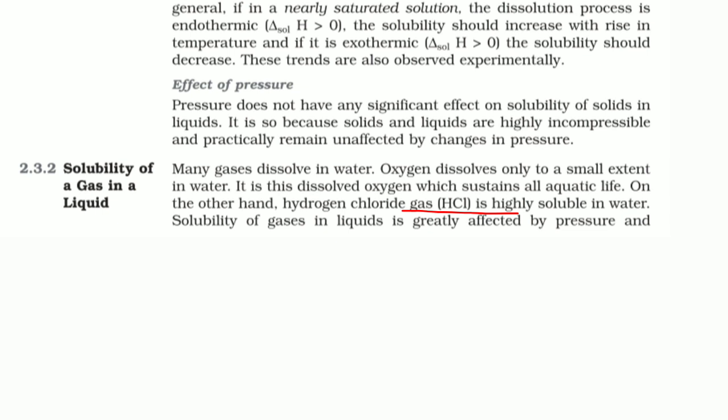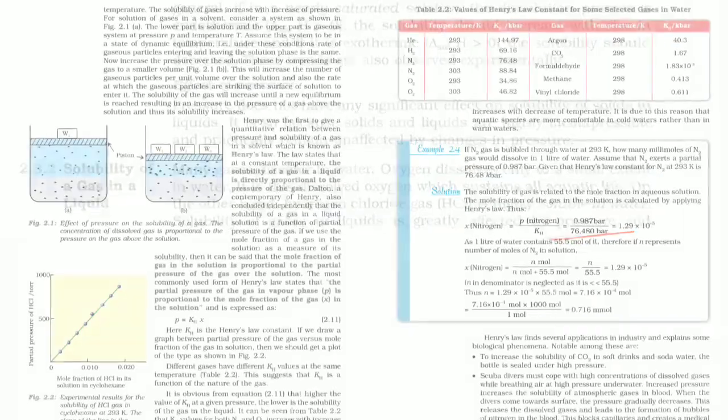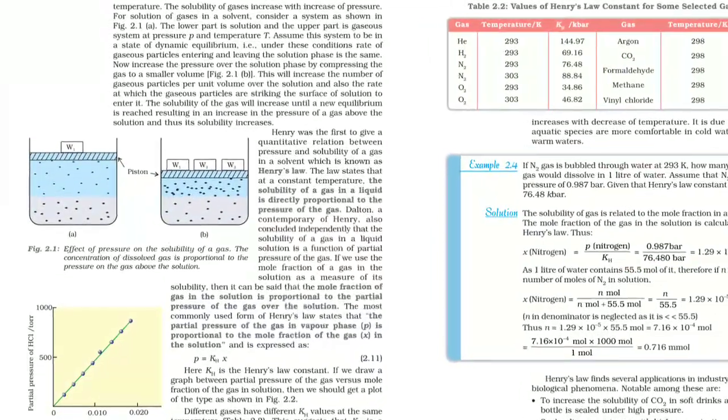Pressure does not affect it to a large extent, because of the incompressibility of solids and liquids in the case of the solubility of a solid in a liquid. But in the solubility of a gas in a liquid, temperature and mainly pressure will determine the solubility to a large extent.